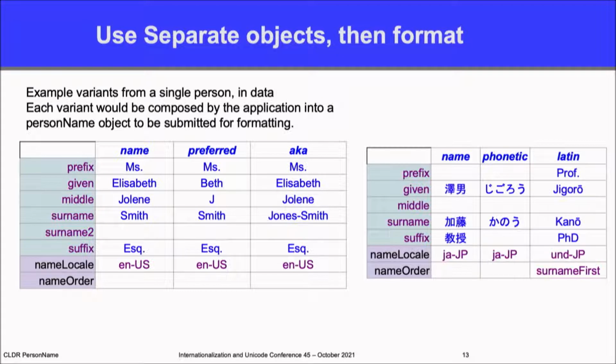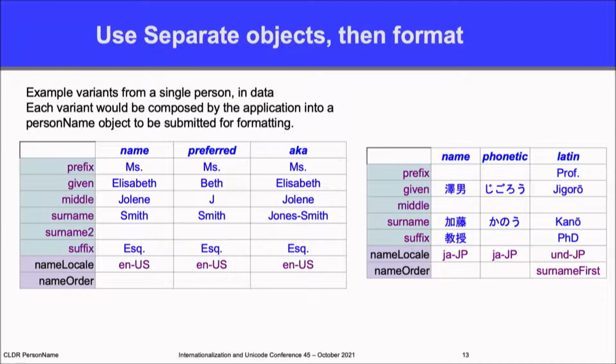So I have an example. Let's say you have a Ms. Elizabeth Jolene Smith, Esquire, and has a locale in the US, English in the US. She may have a preferred name of Beth, where your application goes ahead, fills in the name. So now given name is Beth, which then can be passed on. And your application may say, she never uses Jolene, she likes to have J, so it'd be like Beth J. Smith.